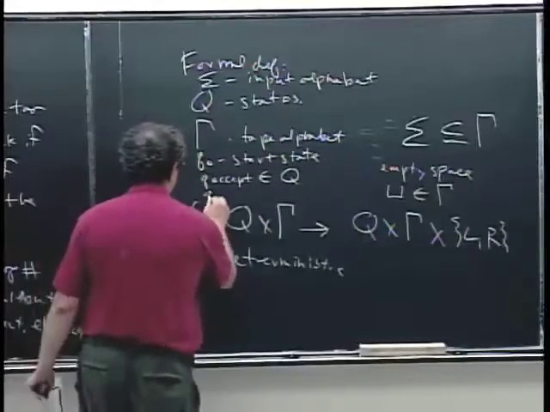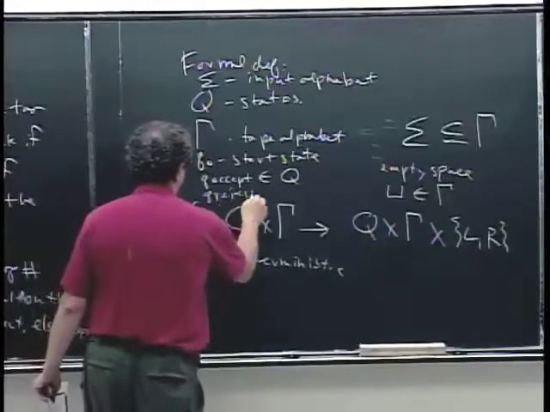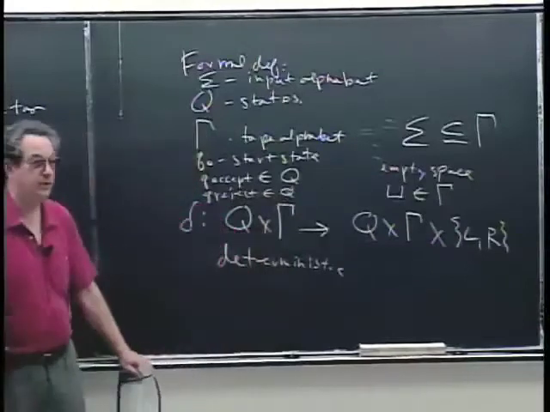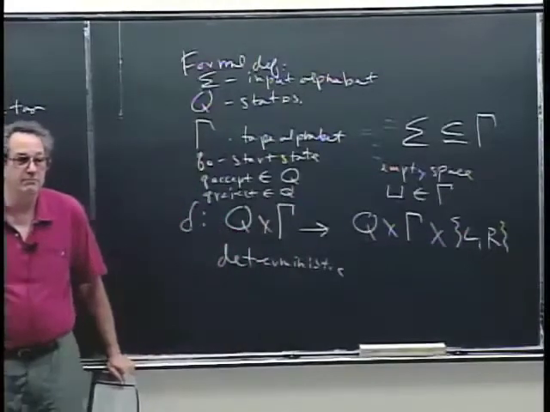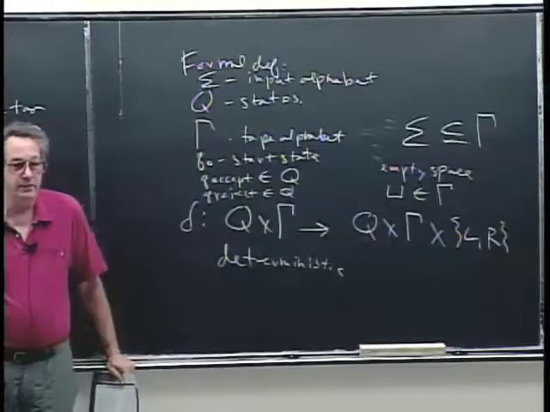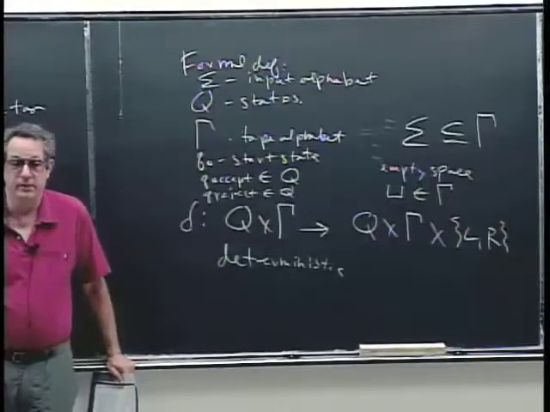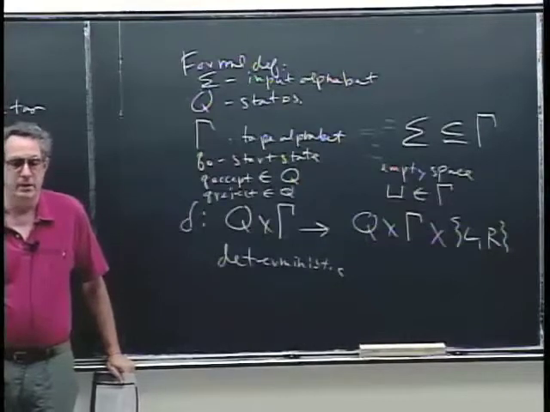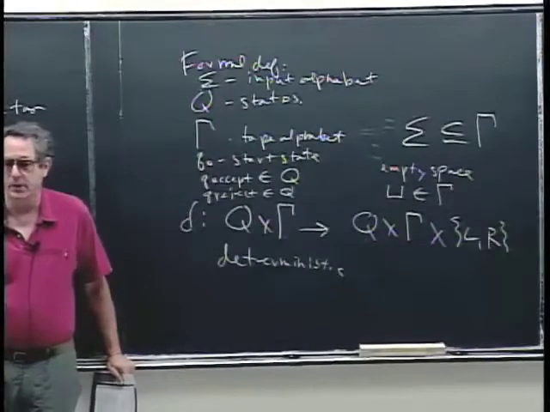And similarly, it has a reject state. As soon as it goes into the reject state, it rejects. So this is unlike the case of a finite state machine, where it had accept states, but anything else that wasn't an accept state was automatically a reject state.